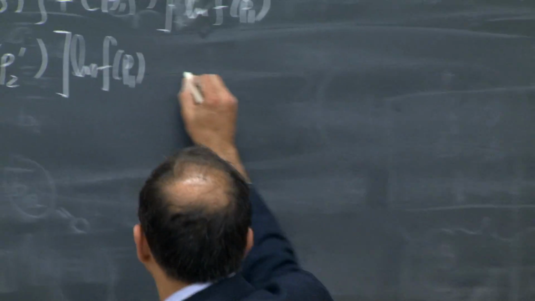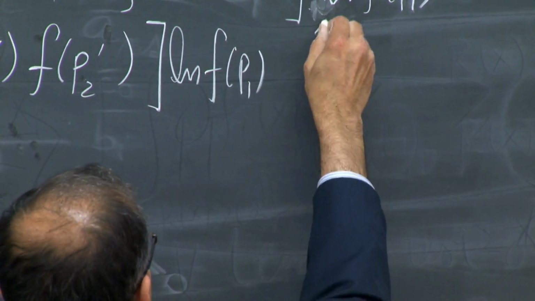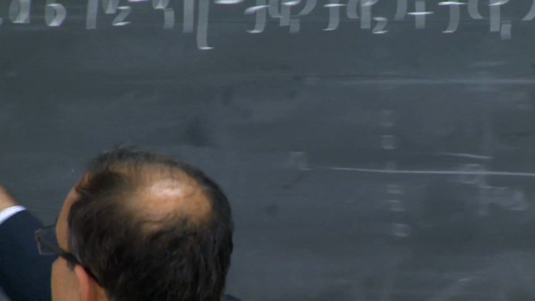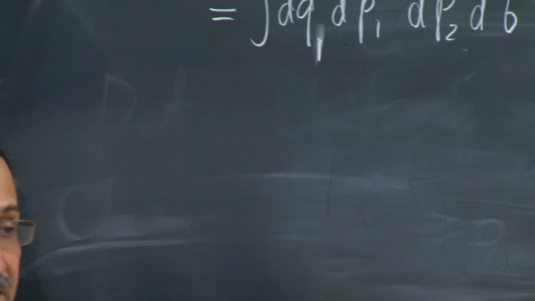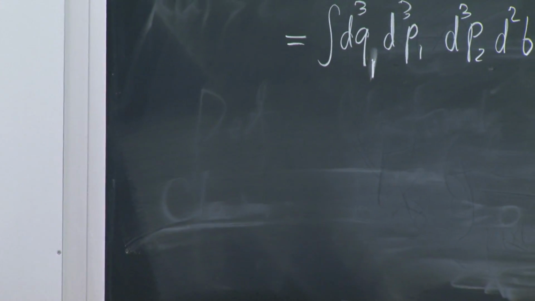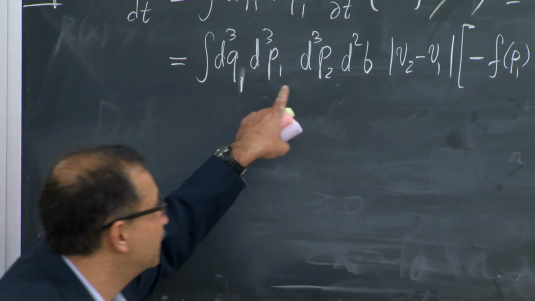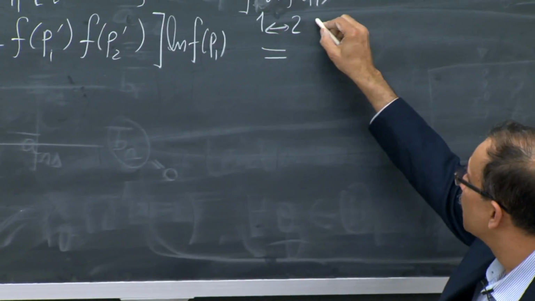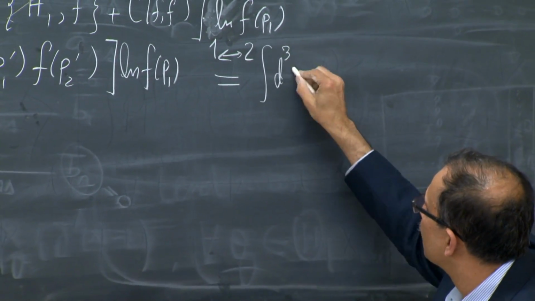So the first thing that we do is we exchange indices 1 and 2, because really these are simply dummy integration variables. I can call the thing that I was calling p1, p2, and vice versa, and the integration then becomes the integral over q.